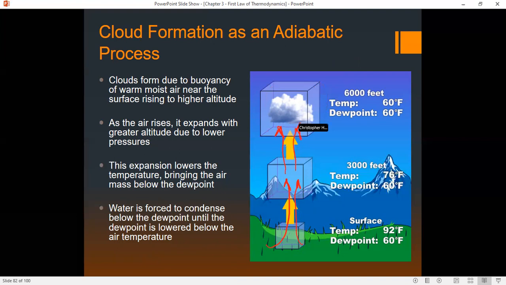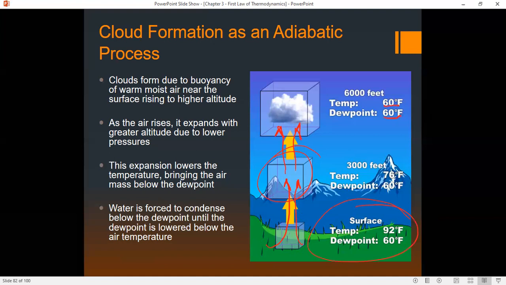Well, that's why you get these big puffy clouds on a warm summer day. At the surface, we're generating these little convective cells. And these little convective pockets, as they rise into the atmosphere, get colder and colder. Eventually, when they get cold enough, the temperature drops below their dew point. The dew point is the temperature at which the air can no longer hold the moisture.